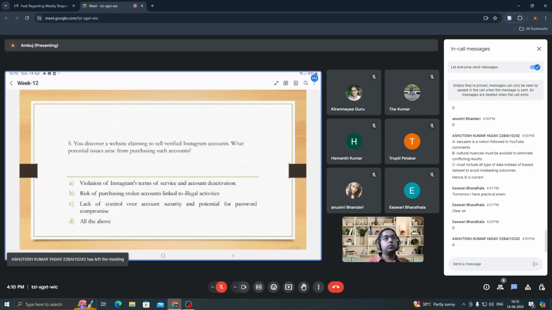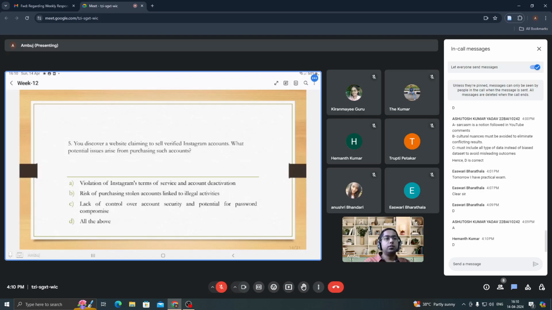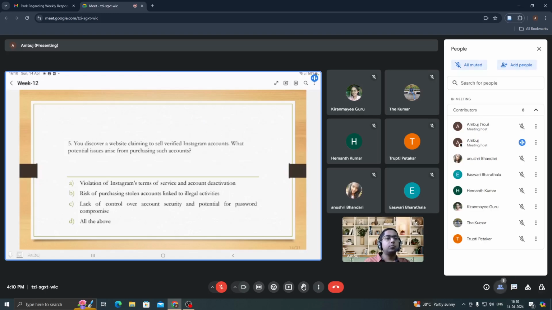Ashutosh has answered, then he has left. He would be having another meeting, or he must be having a connection break. No problem.